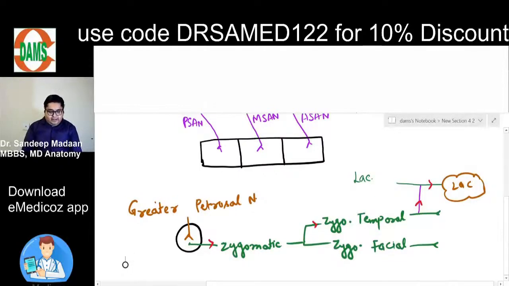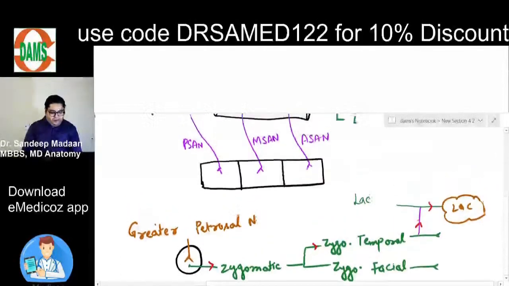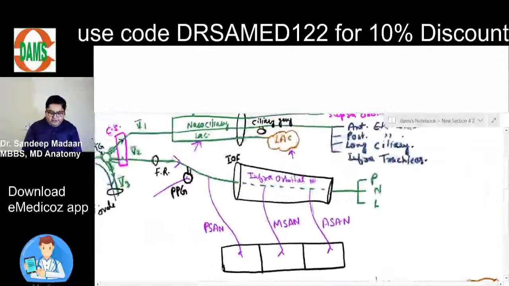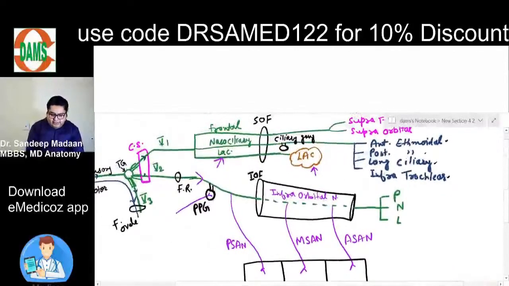That means in our diagram, I can draw like this. We have the zygomatic nerve, which is actually passing through the inferior orbital fissure here. It will give its own branches, but it will give one communication here.